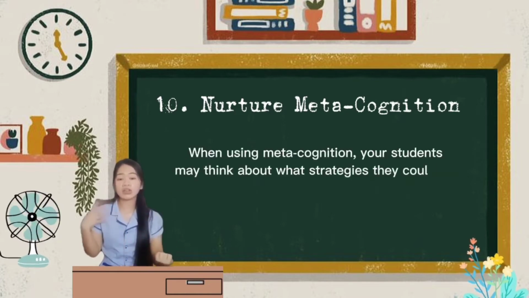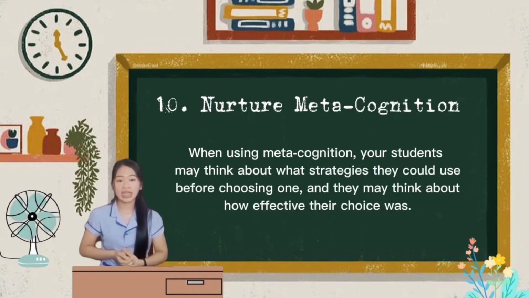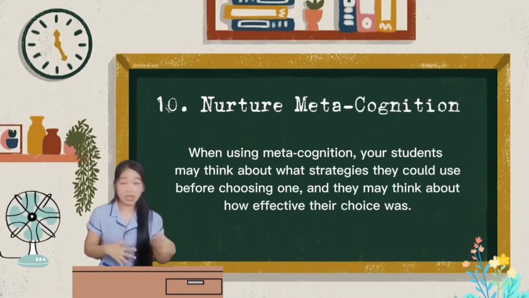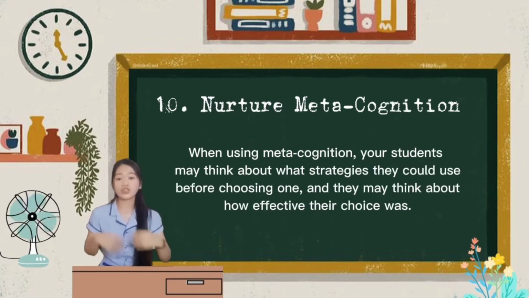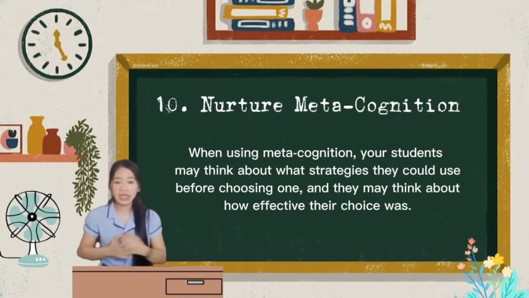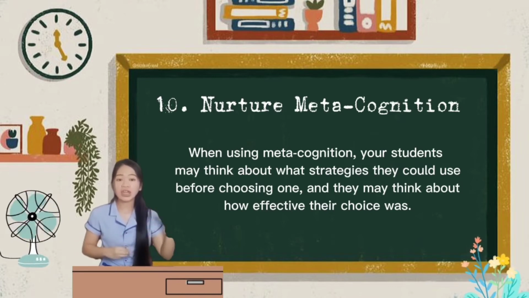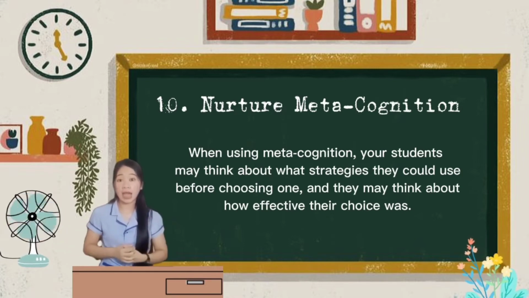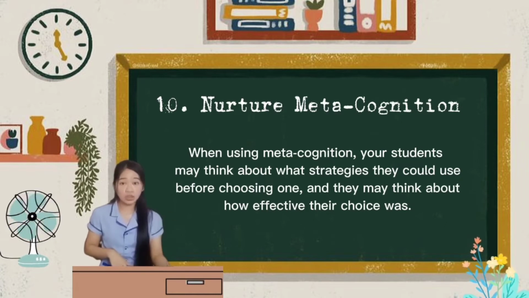When using metacognition, your students may think about what strategies they could use before choosing one, and they may think about how effective their choices were, and after reflecting on their success or lack thereof, decide whether to continue with or change their chosen strategy.